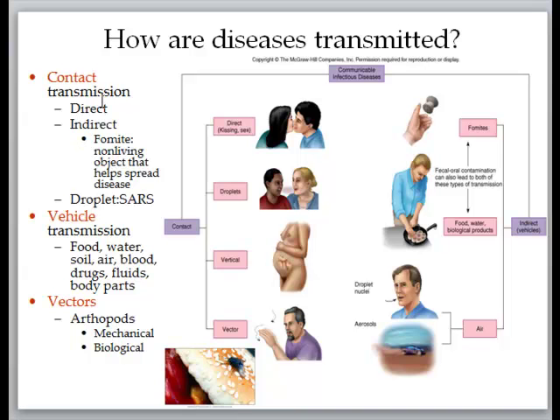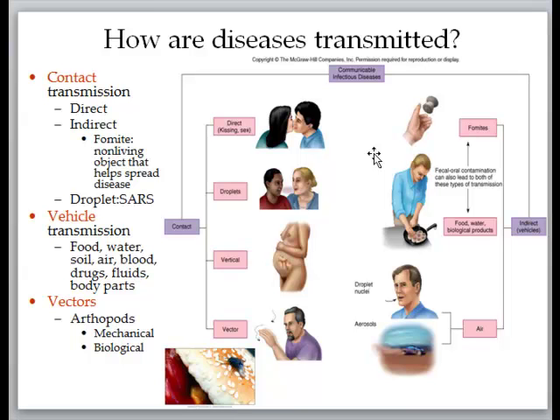I gave you some of these examples previously, but we can see this from different angles. Vectors are arthropods, the most important groups of disease carriers, and these could be, for example, mosquitoes or flies and all these little creatures that fly around. Those are all vectors. Sometimes birds can be vectors too. Houseflies are the most common vectors.